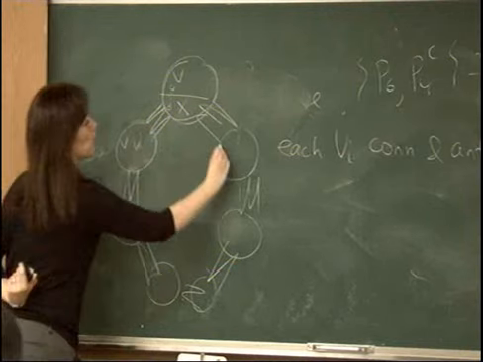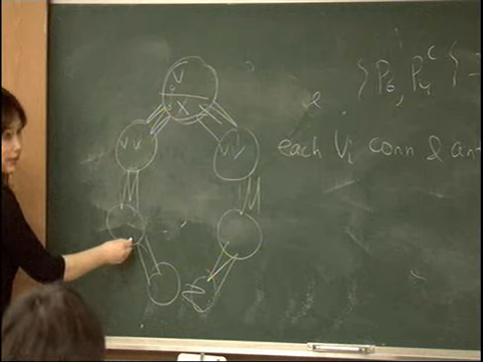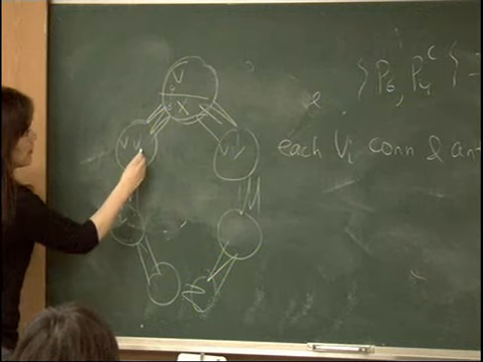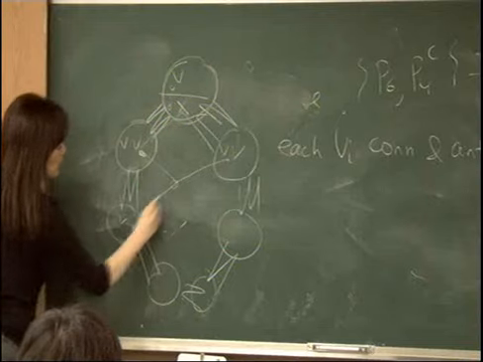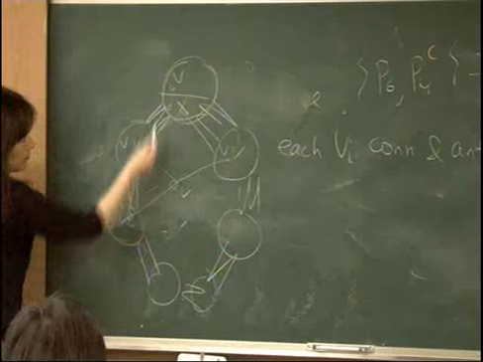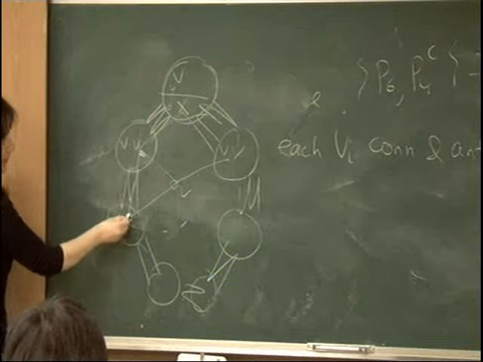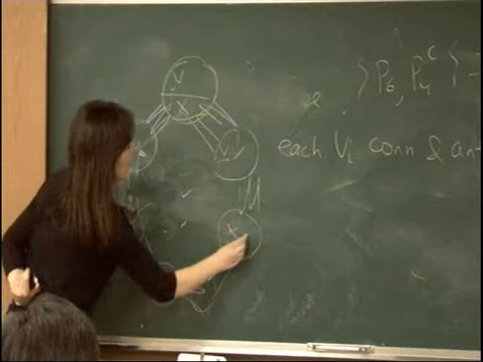Suppose I'm complete to them both. Well, then I claim I must be anti-complete to that. Because if I had a neighbor here, then, so here's my V again, this would be a house. Right? This is a foreground, this is my extra vertex, and this is a head. So I must be anti-complete to both of those.